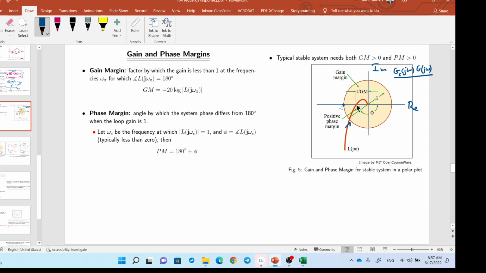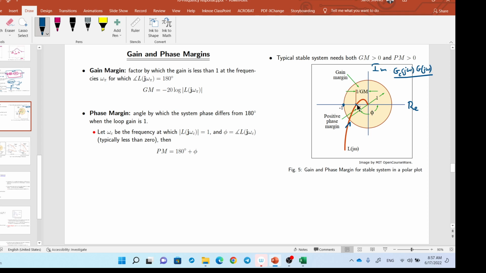However, if you multiply this term by a certain gain, this curve can shift to the left like this, by a certain factor such that it crosses -1. So what is the coefficient that can shift it from here to -1?